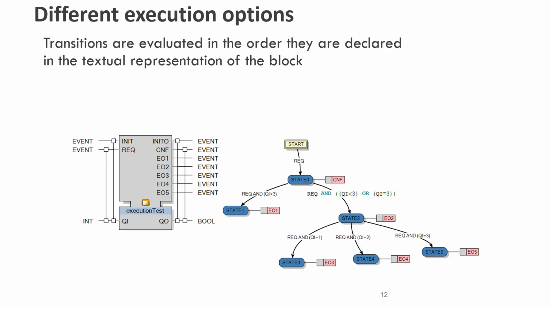So if a state has several outgoing transitions, like in this example, state 0 and state 2, they have 2 and 3 outgoing transitions. Evaluation starts from the one that is positioned higher in the XML representation of this function block. So whichever transition evaluates to true, that one is executed and the block jumps to the corresponding new state.